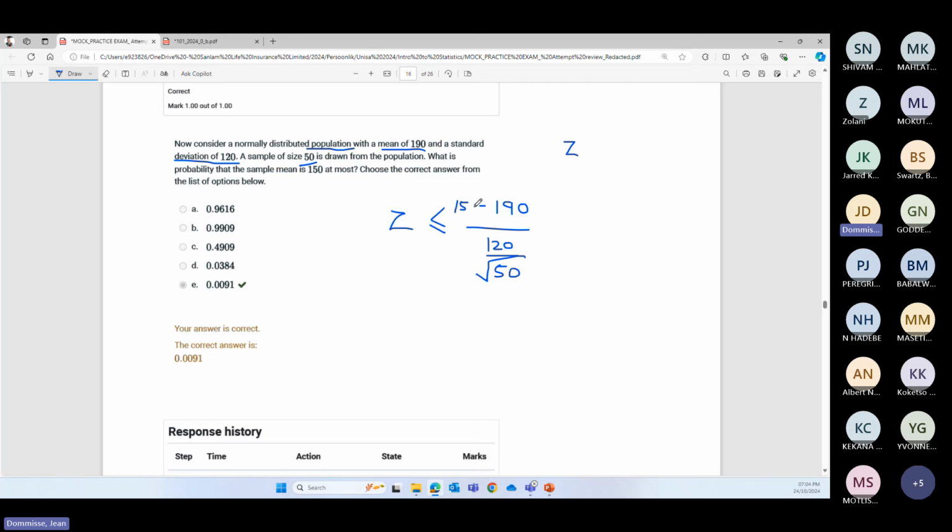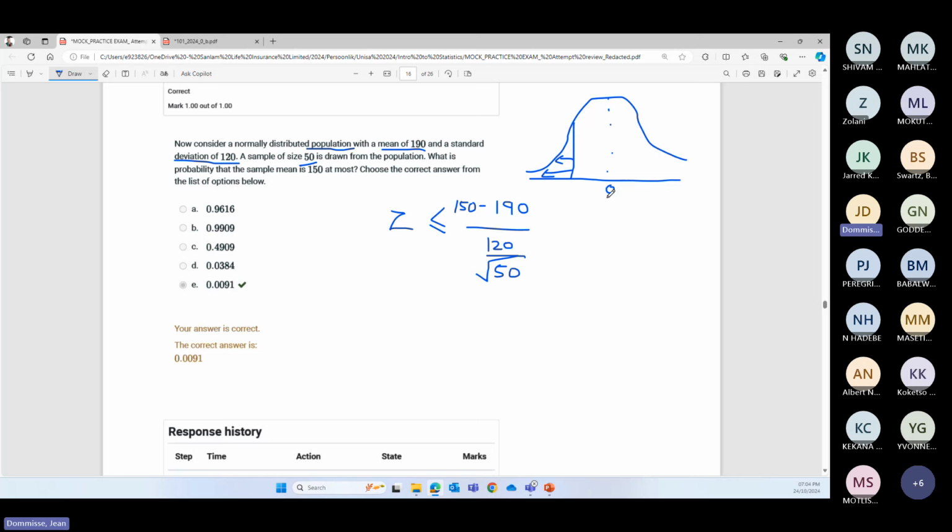If we do a diagram, 150 minus 190 will be negative, and then it must be smaller than, so we're looking at this area.